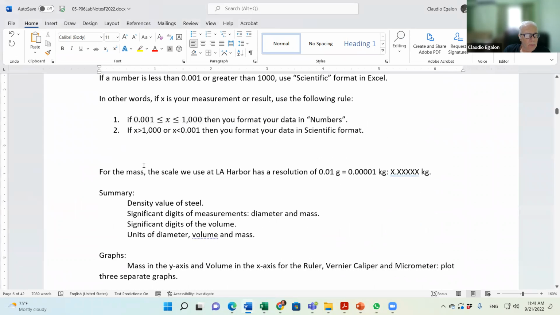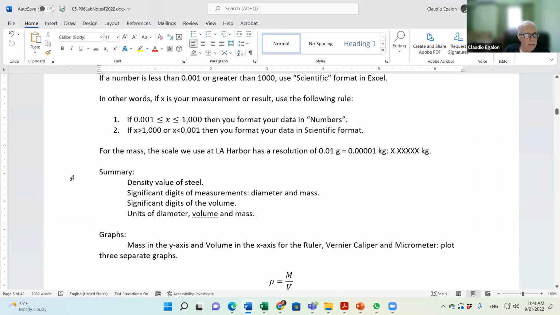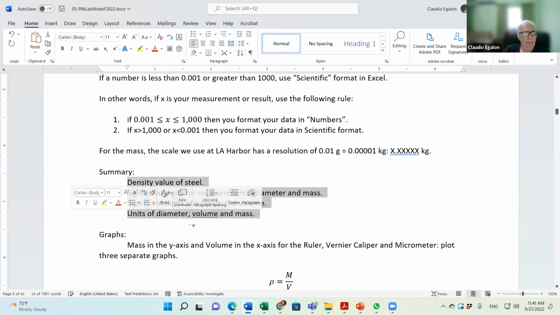Here you go, that's the rule that I mentioned. Summary: density value of steel, significant digits for measurements, diameter and mass, significant digits for the volume, which is for a result. Significant digits of a result, in this case the volume. And now you have to report the units of diameter, the units of volume, and the units of mass.